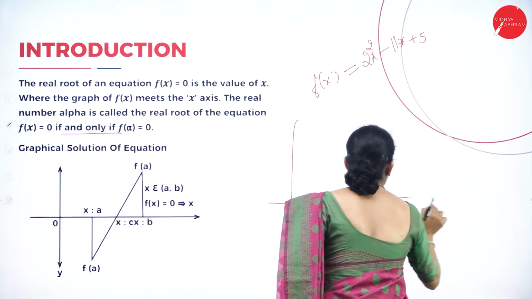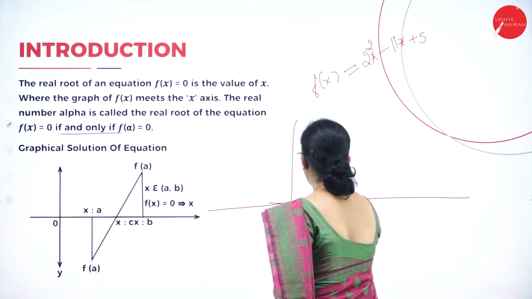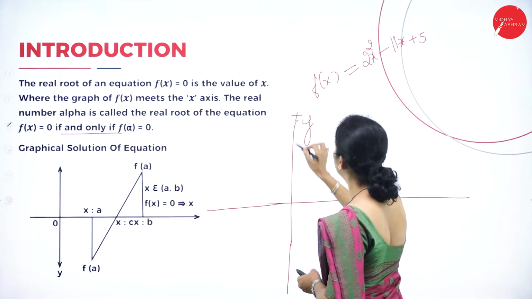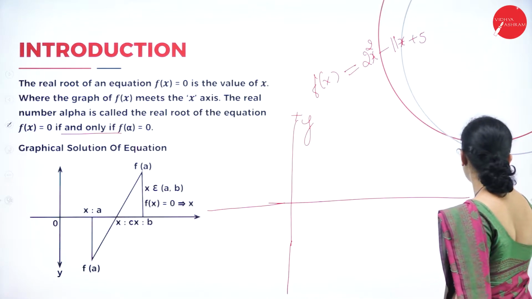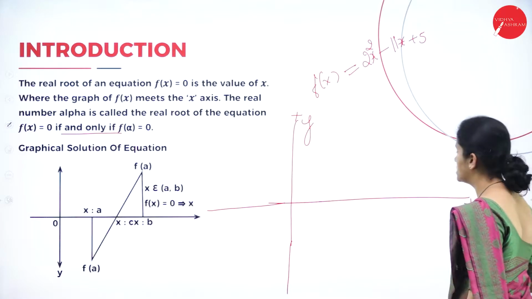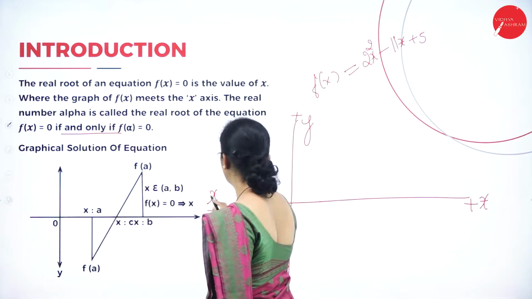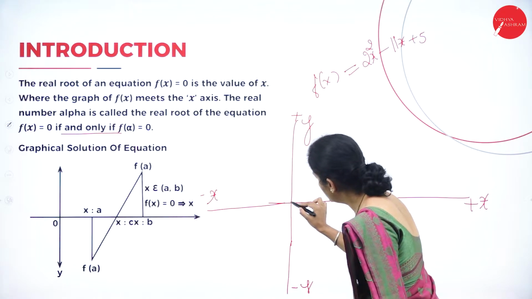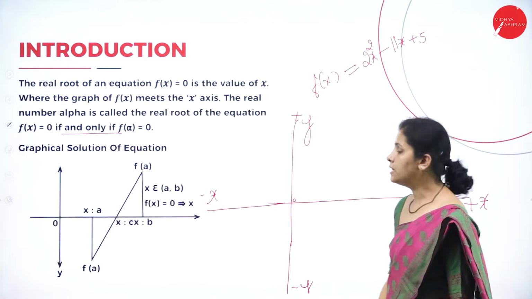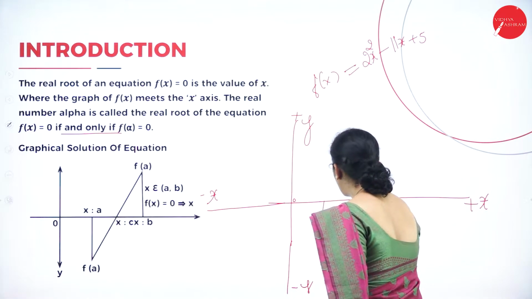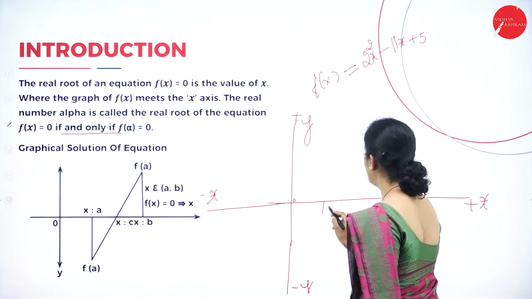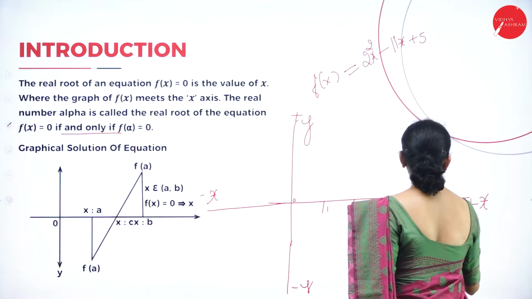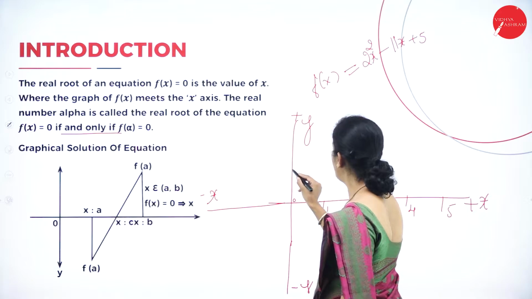Think that I have x-axis and I have y-axis. So this is my y-axis and this is my positive y-axis and this is my positive x-axis, and this one my negative x-axis and this one my negative y-axis, and this is nothing but the 0. Now this right side is positive x-axis, so I'll start from 1, 2, 3, 4 and 5, and this is also positive.